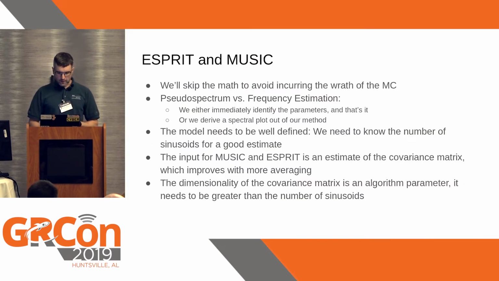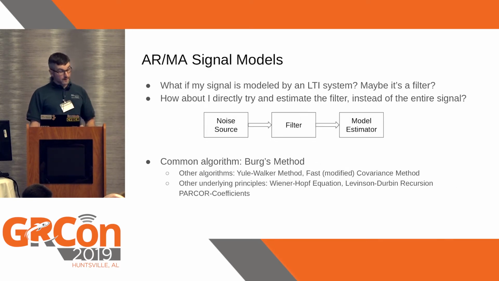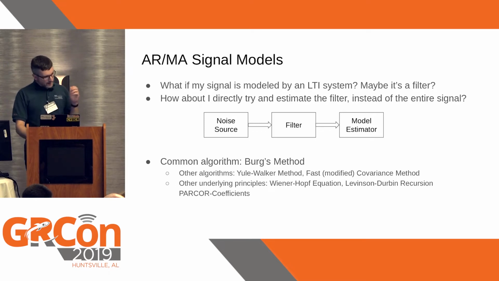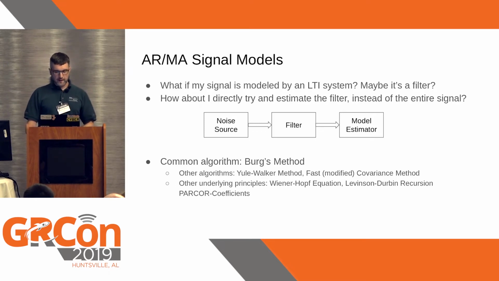Okay, so we changed our thought pattern. We said, I'm going to say my spectrum is a bunch of sinusoids and noise. That's it. Is there anything else we can do? Yes. There is a similar but different way of thinking about it.